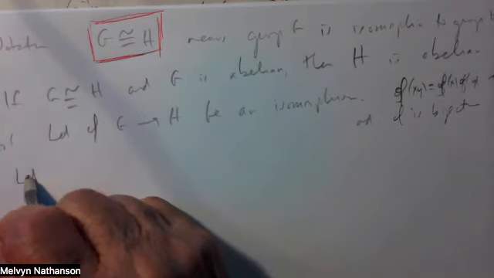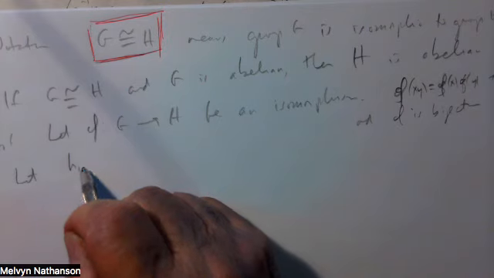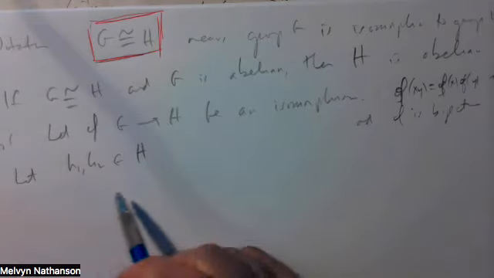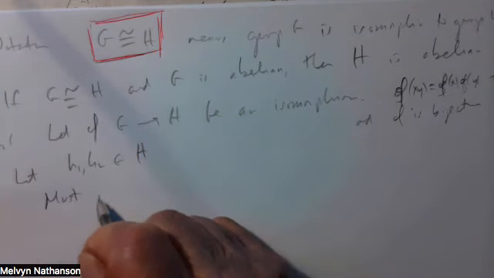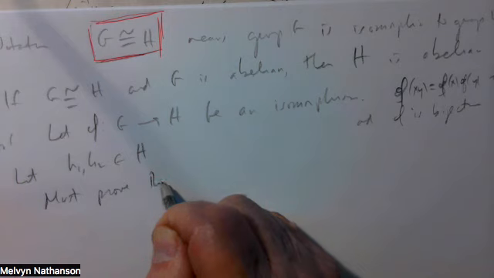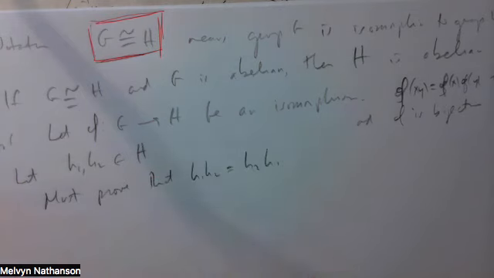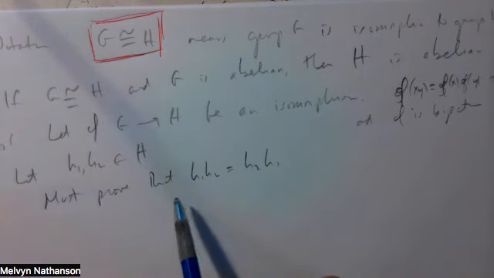So suppose we let h1 and h2 be in H. I know that G is abelian. I want to show H is abelian. So I must prove that h1 h2 equals h2 h1. That is, the multiplication in H is abelian.